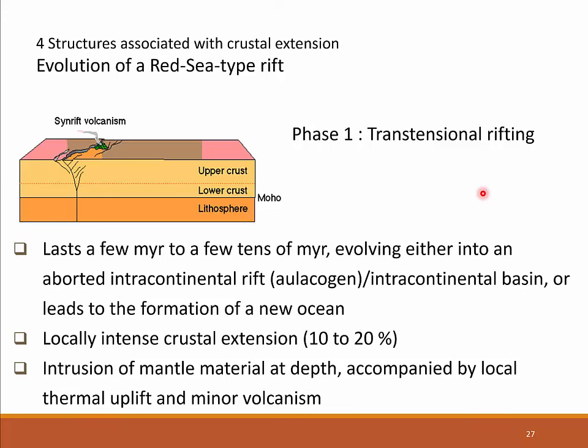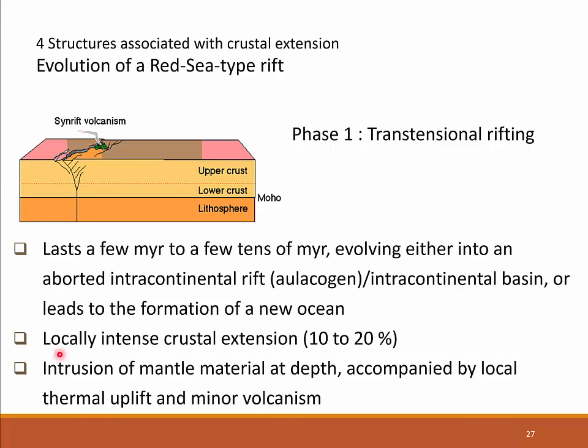Here in the first stage we see transtensional rifting, that means separation, extensional tectonics, perhaps with some strike-slip component. This stage may exist a few million years or perhaps tens of millions of years after the onset of extension, and it could lead to not much, an intracontinental rift system that perhaps does not develop further, which we call an aulacogen or an intracontinental basin, or perhaps it goes to the next stages and eventually becomes an ocean.